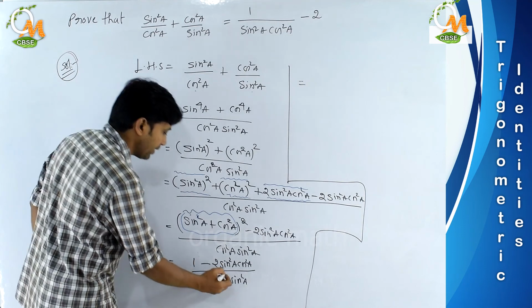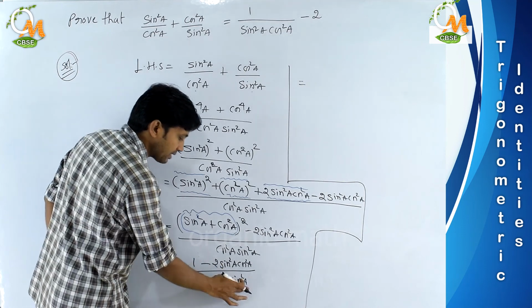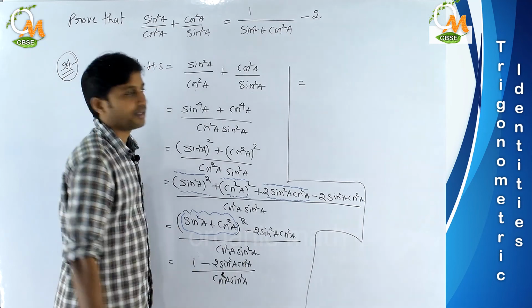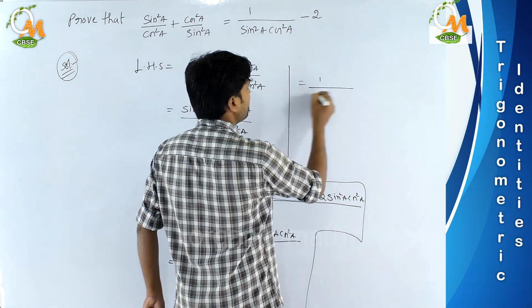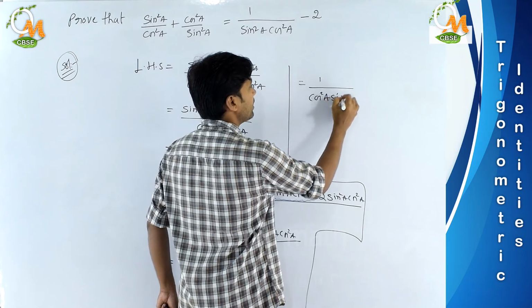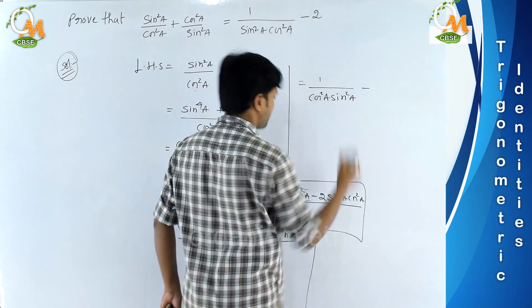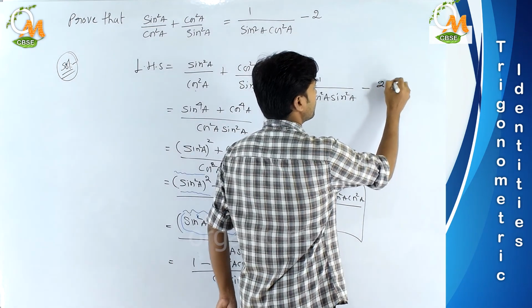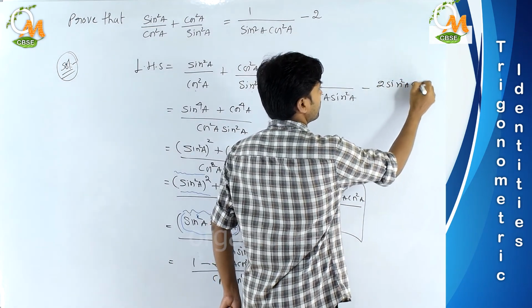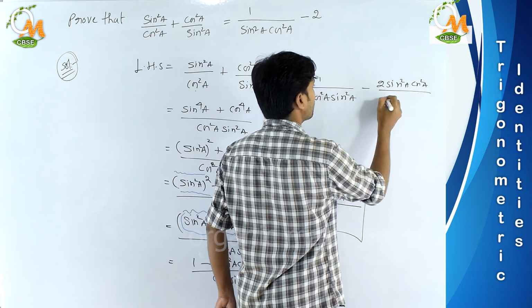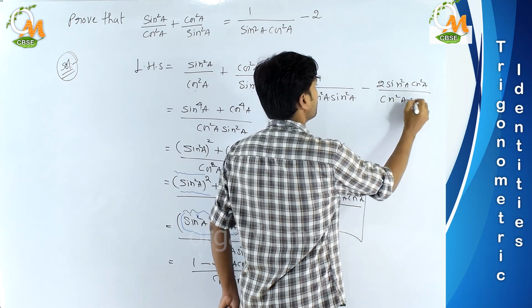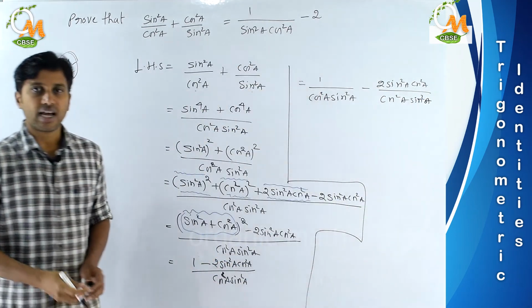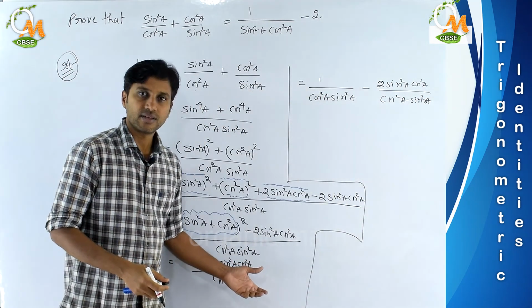So we get 1 by cos square a sin square a minus 2 sin square a cos square a upon cos square a sin square a. I have separated the fractions.